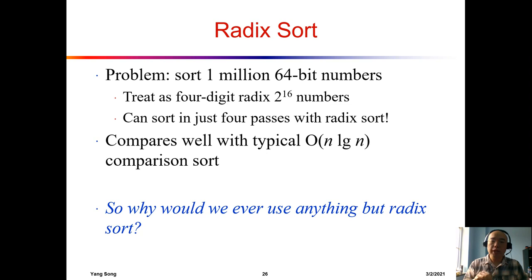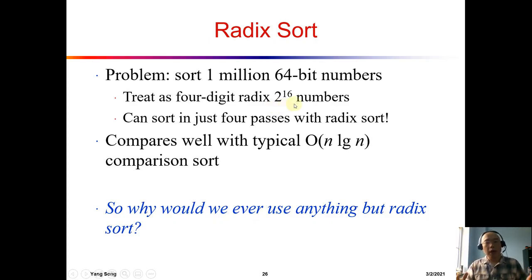And the trick is, say we are sorting 64-bit numbers. Instead of a brute force counting sort, we can break the 64 bits into 4 digits for the Radix sort, and then for each pass we are only sorting 2 to the power 16 values.